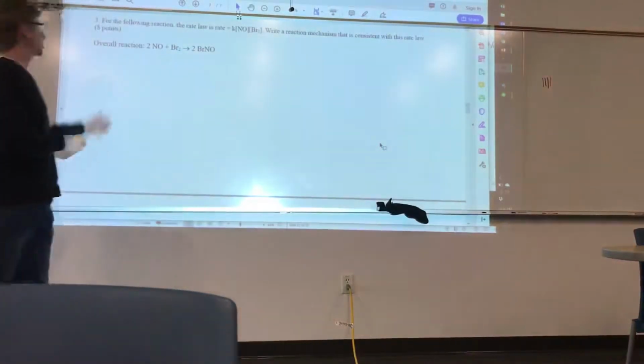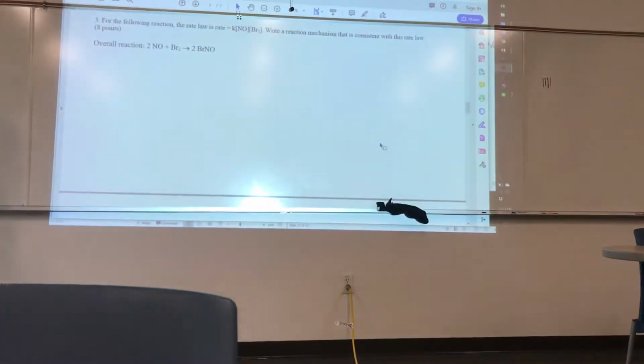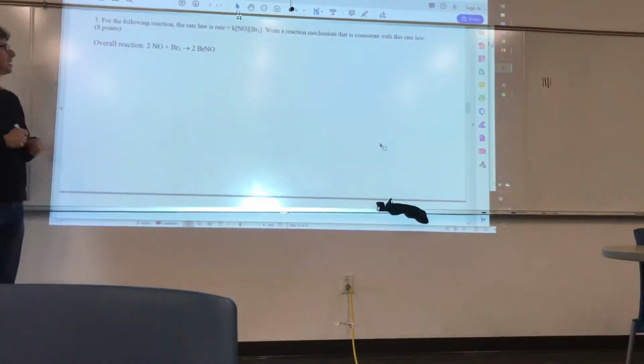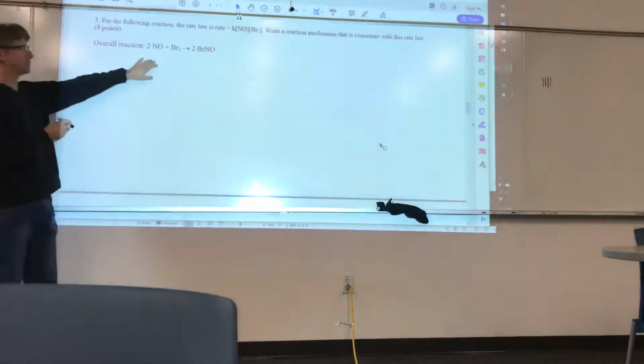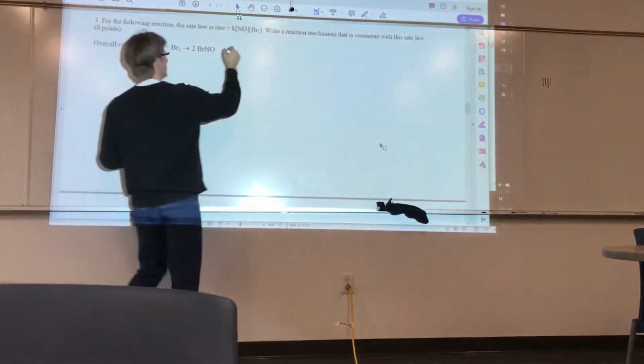And it says, for the following reaction, the rate law is rate equals k times the concentration of nitrogen monoxide times the concentration of bromine. Write a reaction mechanism that is consistent with this rate law, 8 points. A couple things you'll know about reaction mechanisms.